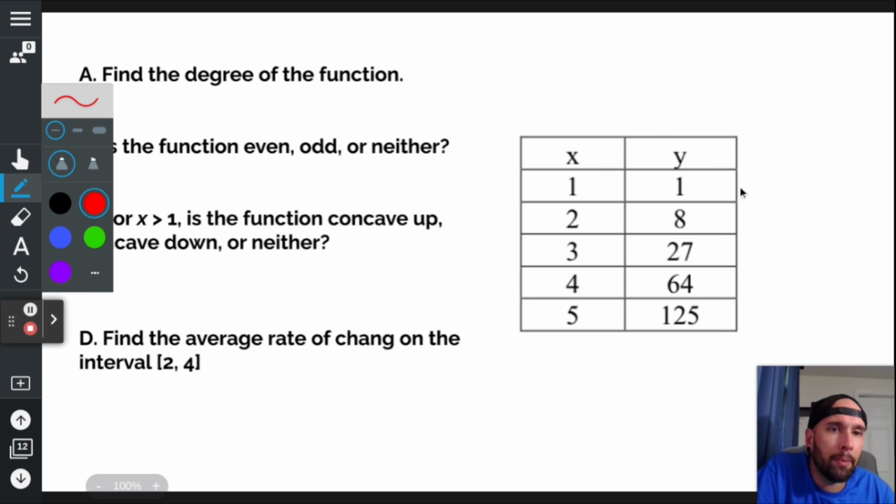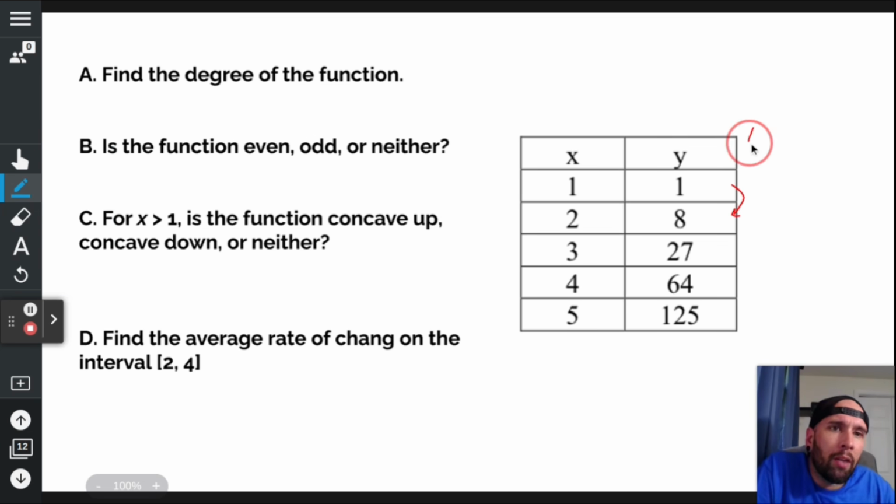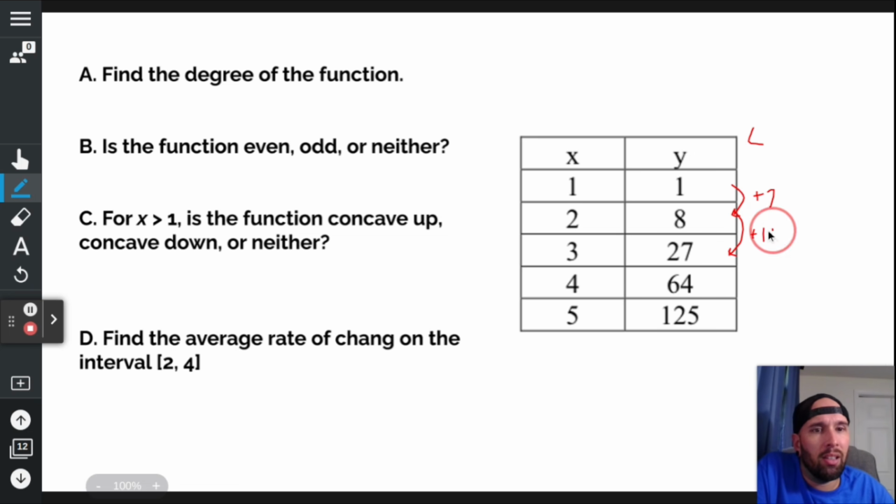Yay. Let's check if it's linear. It's not. Add 7. Add 19. Is it add 19? It is add 19. Let me see, that is a 9. I want to make sure that that's a 9. Add 37.